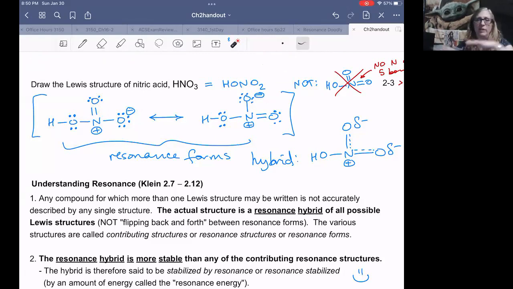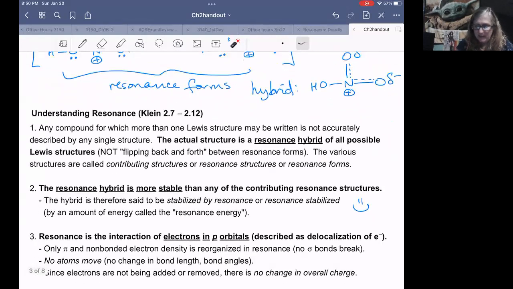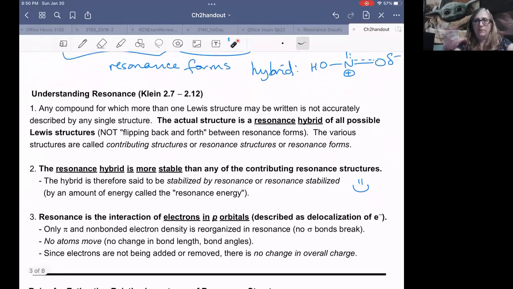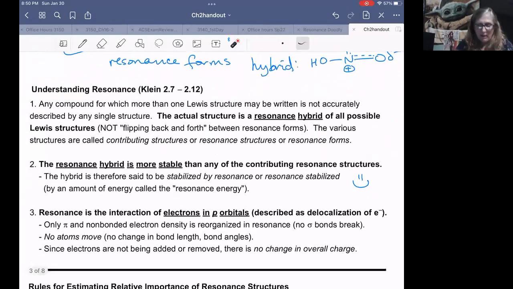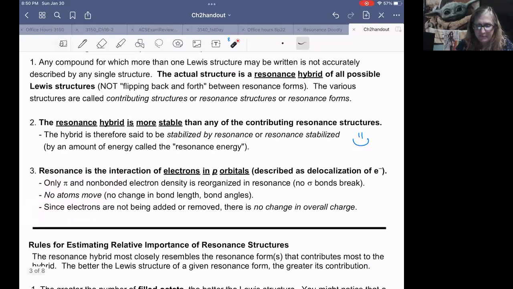It's the redistribution, the delocalization of pi bonds and lone pairs. It's not sigma bonds moving. Sigma bonds are frozen. No atoms are moving. The atoms are frozen. The bond lengths, the bond angles, they're all frozen. All we're doing is showing a redistribution of the pi bonds and lone pairs.